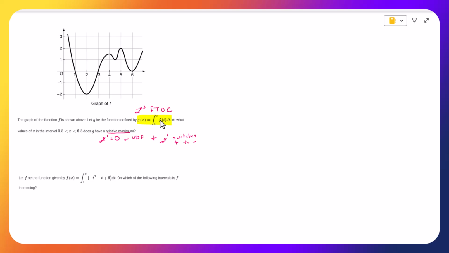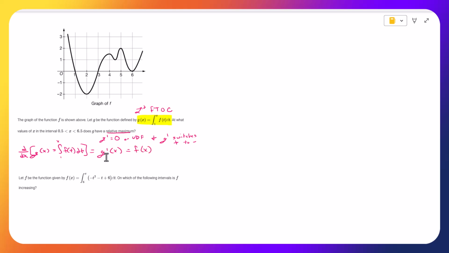And reminder, what does our second fundamental theorem of calculus do? Well, the derivative of g of x is g prime of x, and the derivative of an integral that has a bound of x just means we replace the variable in the integral with x, so it becomes f of x.